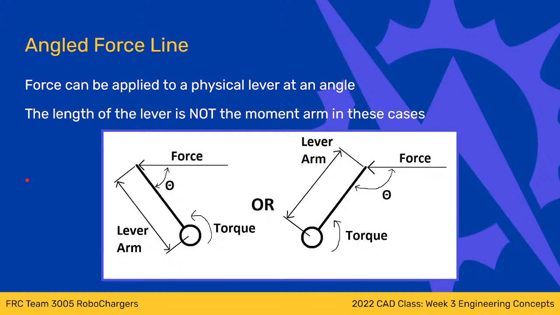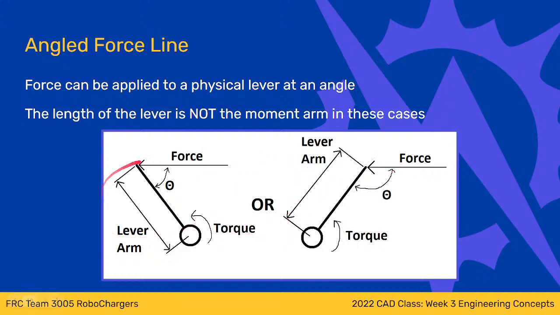All right, so let's talk about an angled force line. Now the thing to talk about here is I mentioned earlier that it's important to consider force as a line, and the moment arm is really the perpendicular distance between that line and the pivot, right? But in the real world, it's not necessarily so obvious what that distance is.